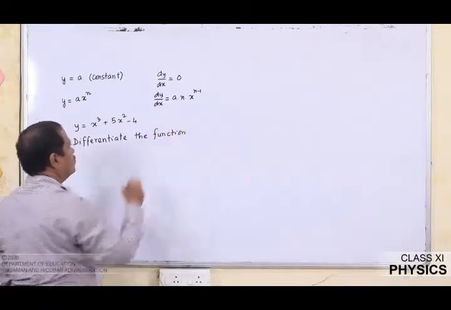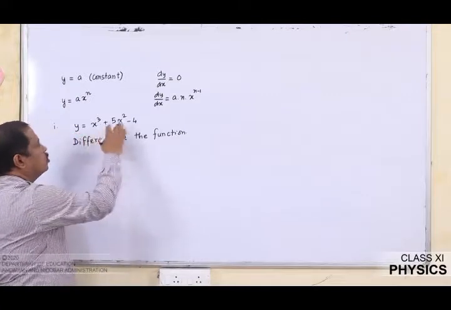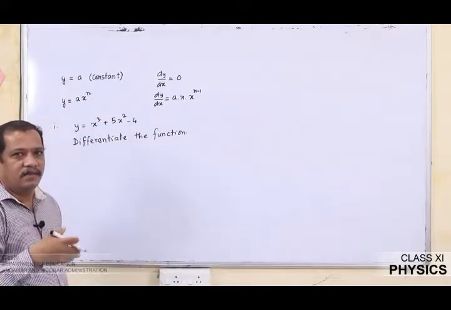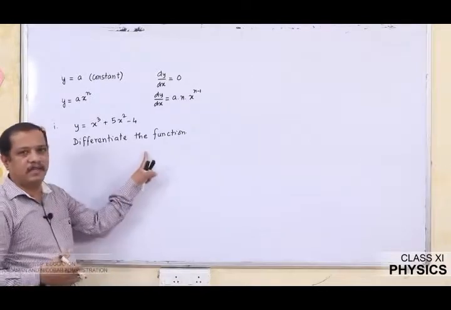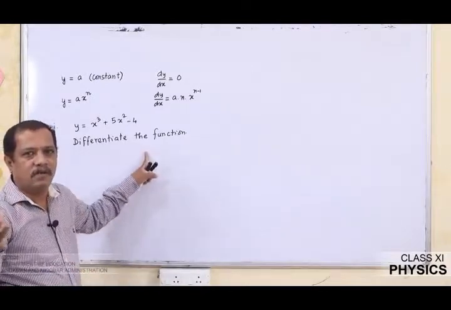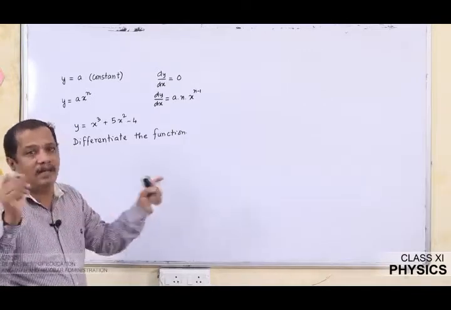When I am asked to differentiate the function, it means that I am asked to find the slope, or I am asked to find the variation of variation. Whenever variation of variation comes, we try to differentiate. If variation is constant, we are sufficient if we calculate only the average value taken over large time interval.